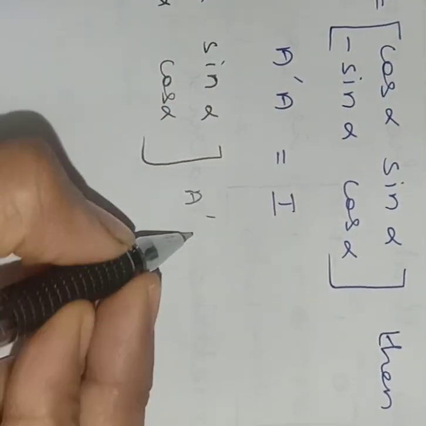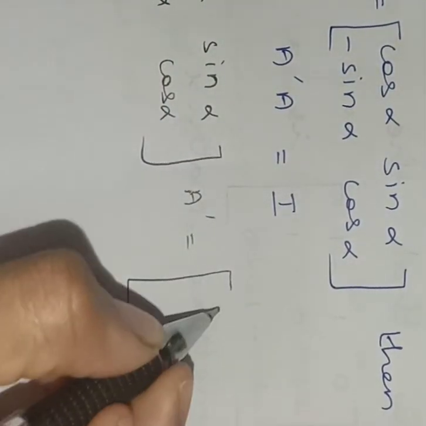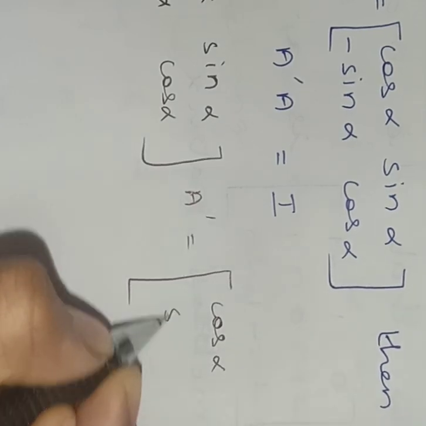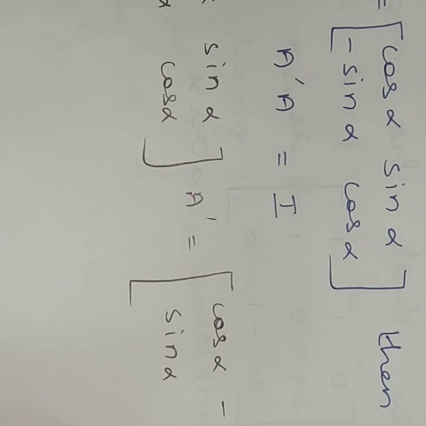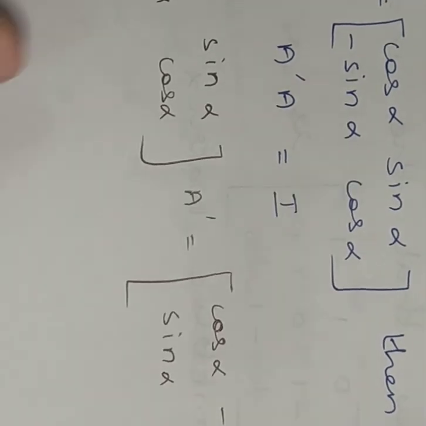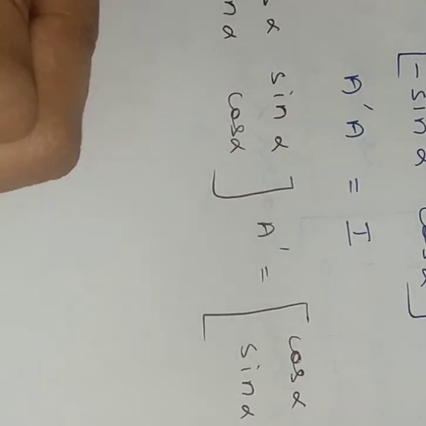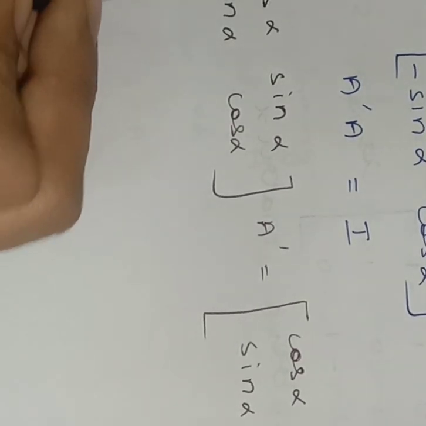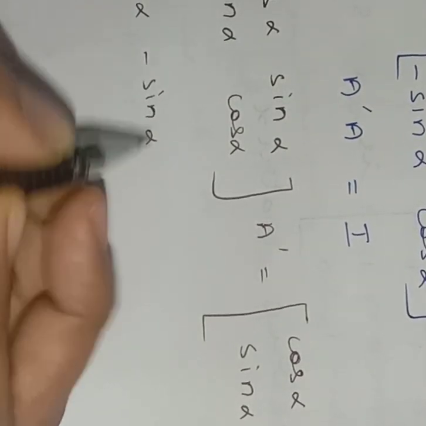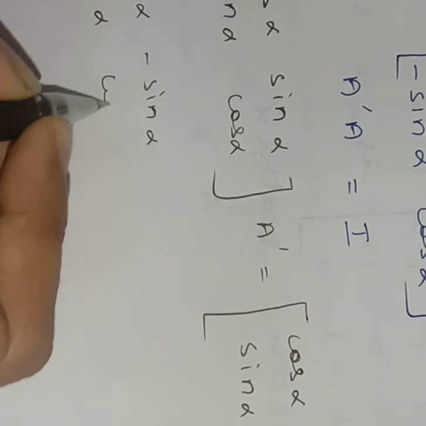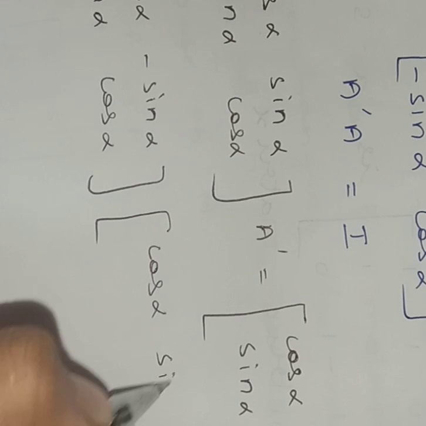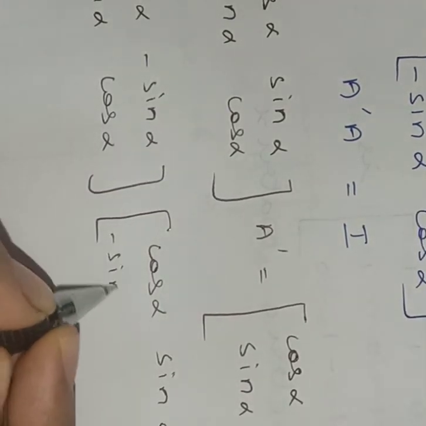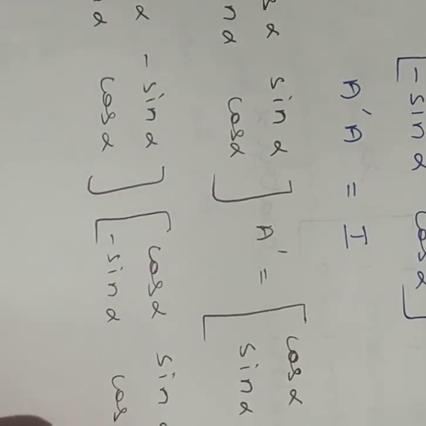This is A. A dash will be cos alpha sin alpha minus sin alpha cos alpha. A dash A. So I am going to multiply A dash with A, that is cos alpha sin alpha minus sin alpha cos alpha.